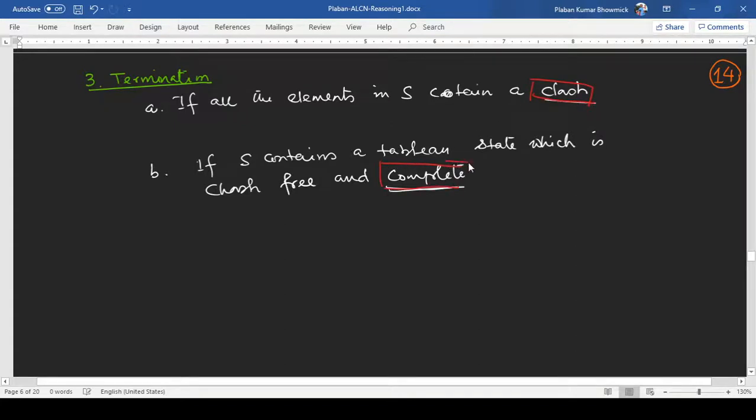So these are the two things we will be probing to arrive at the termination of our algorithm, right? But these two different conditions will give us two different outcomes. Now, can you guess what kind of outcome it will give us? If all the elements in S contain a clash, that will tell us that this particular concept C is unsatisfiable.